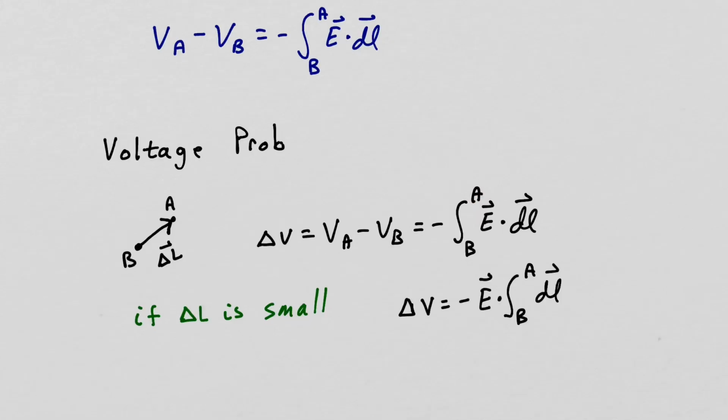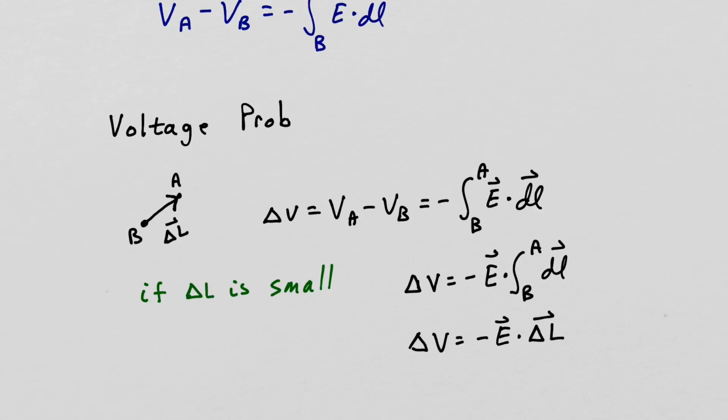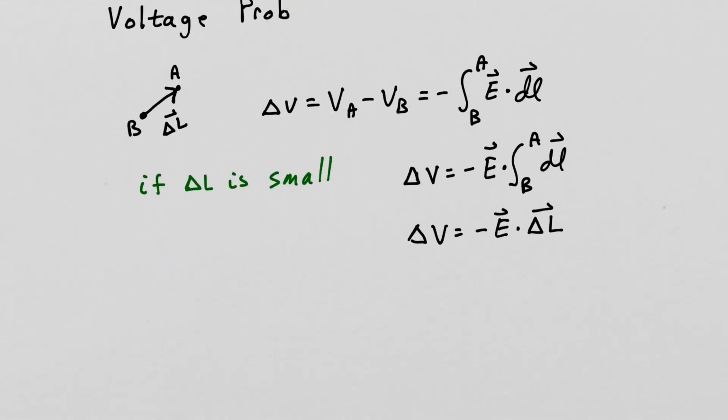So we can factor the E to the left of the integral, and the integral of dl from B to A is just delta L. So delta V is equal to minus the magnitude of the electric field intensity times the magnitude of delta L times the cosine of the angle between the electric field intensity and delta L.